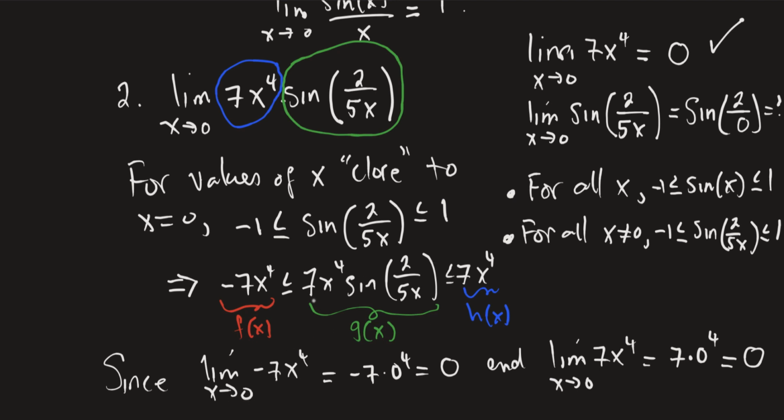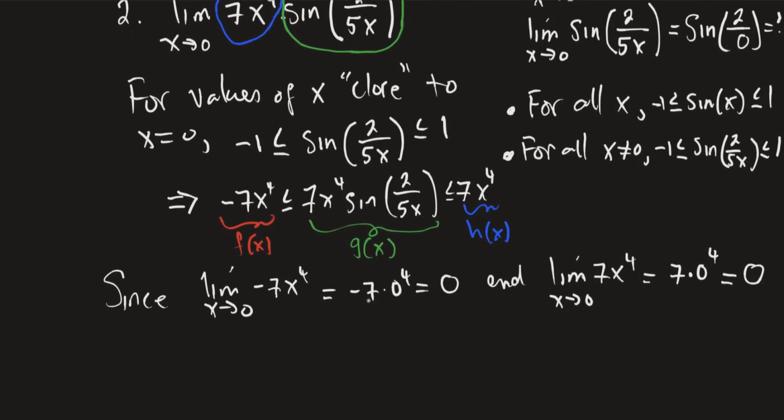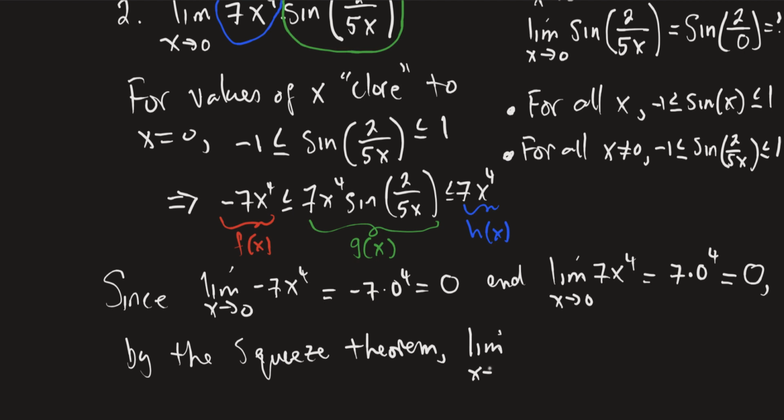That means our desired function, which is stuck in the middle, also has to approach 0. So by the squeeze theorem, the limit as x approaches 0 of 7x to the fourth times the sine of 2 over 5x is also equal to 0.